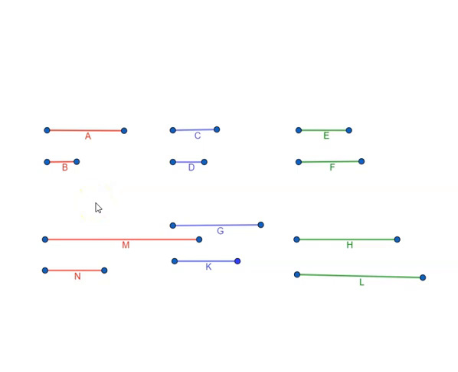Let us look at proposition number 13 of book 5 of Euclid's Elements.